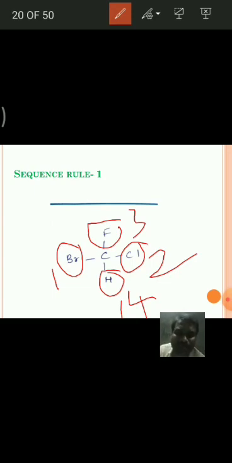The atom with the highest atomic number will be given the highest priority. Here, bromine has the highest atomic number, that's why it is given first priority, followed by chlorine second, fluorine third, and hydrogen fourth.